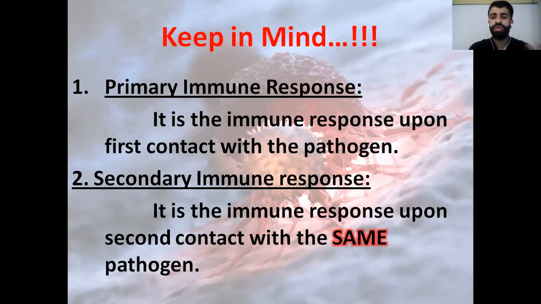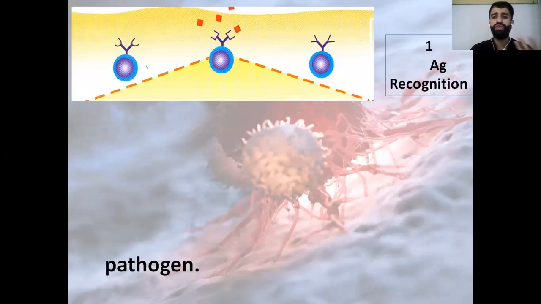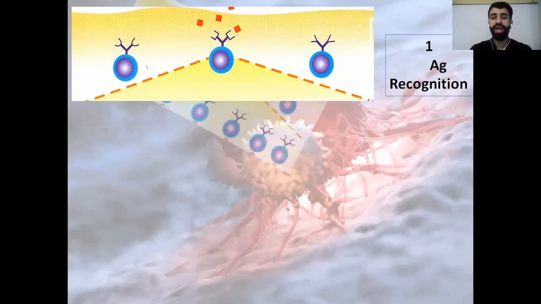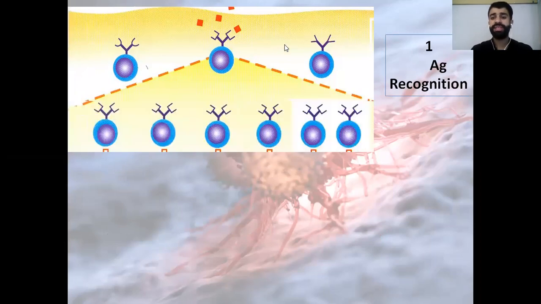So what's the difference between the primary immune response and the secondary immune response in their characteristics? First, we have recognition. So we recognize the antigen, for example, the flu virus antigen. And then the cells proliferate, they increase in number. This is called multiplication, and it has other names: proliferation or amplification.